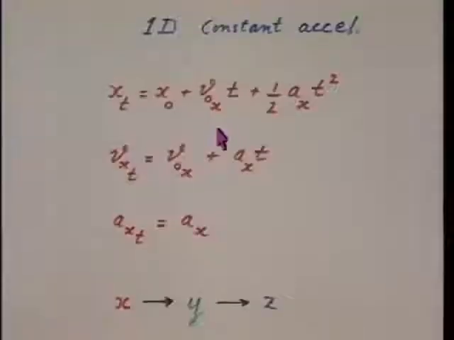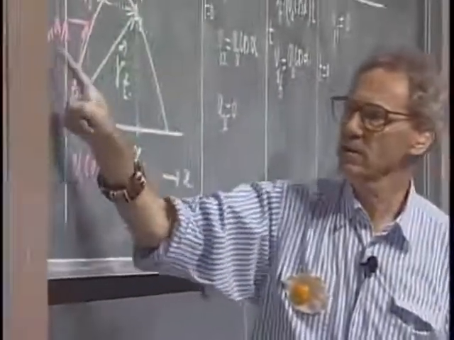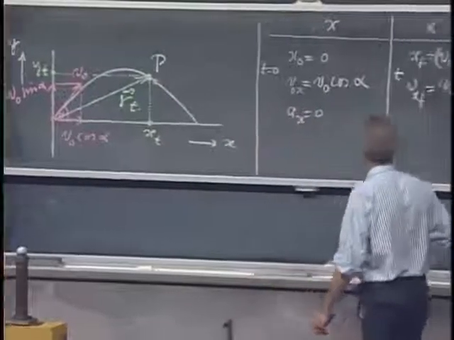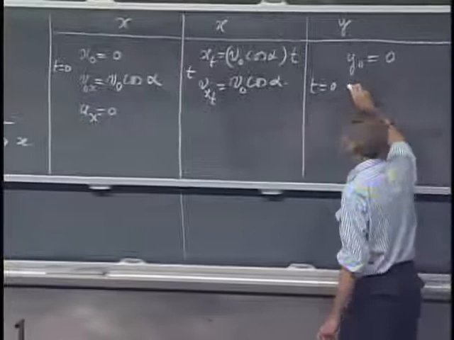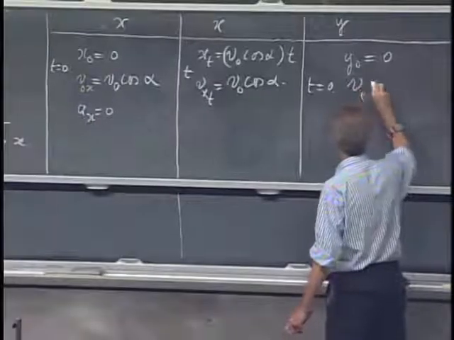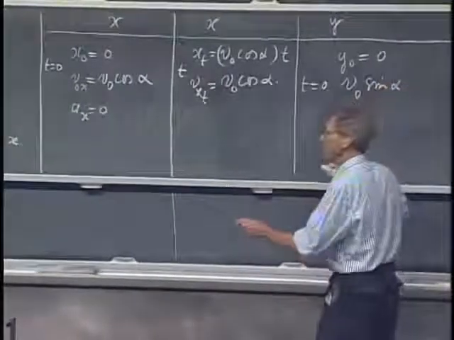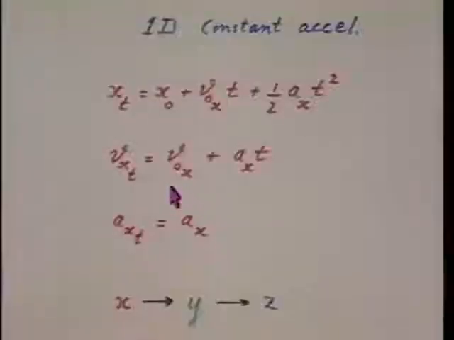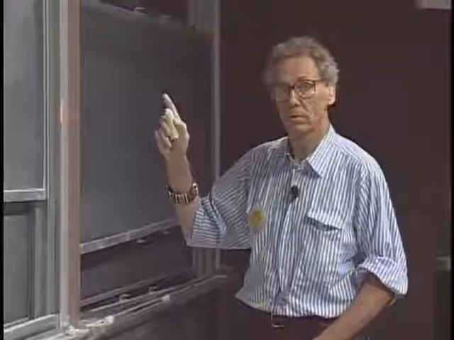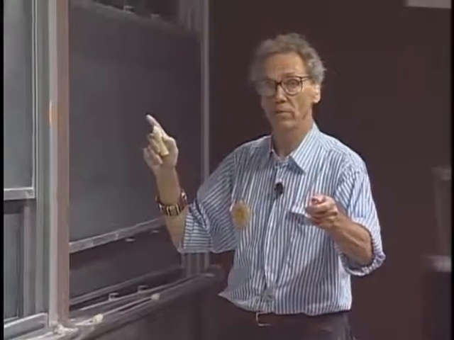I get v0y times t. Well, v0y is this quantity, it's v0 sine alpha. This is v0 sine alpha. That is the velocity at time 0, and this is 0 at time 0.